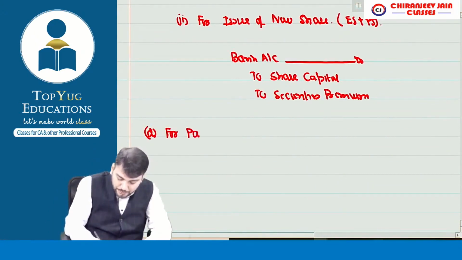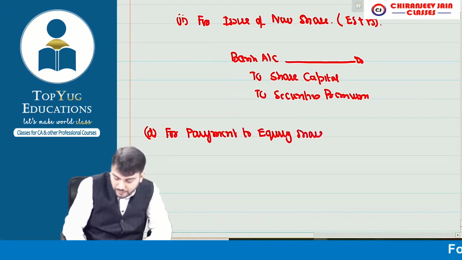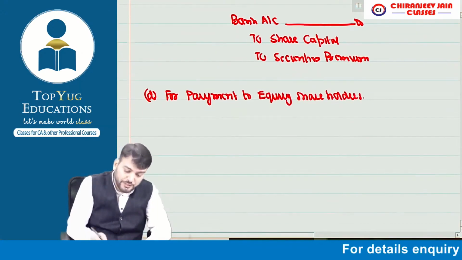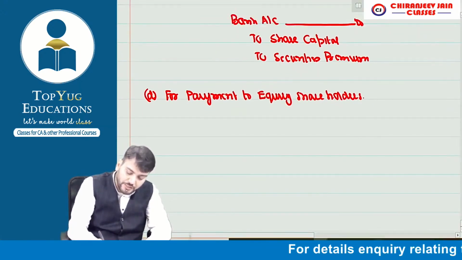Then point number D, for payment to equity shareholders, what journal entry?